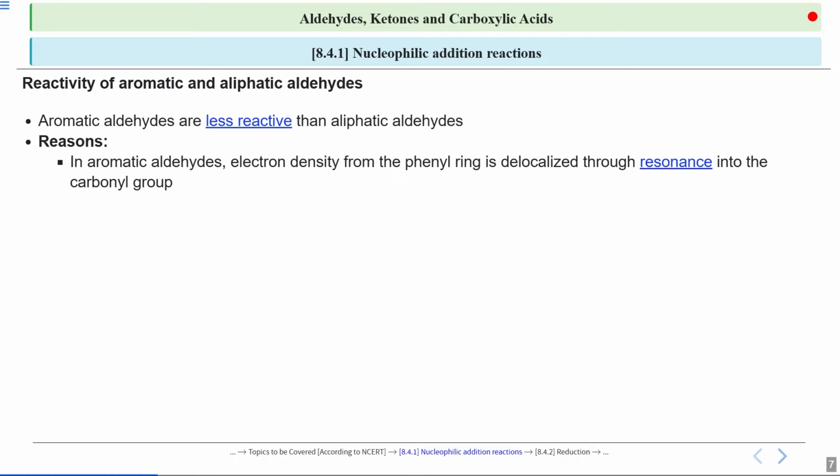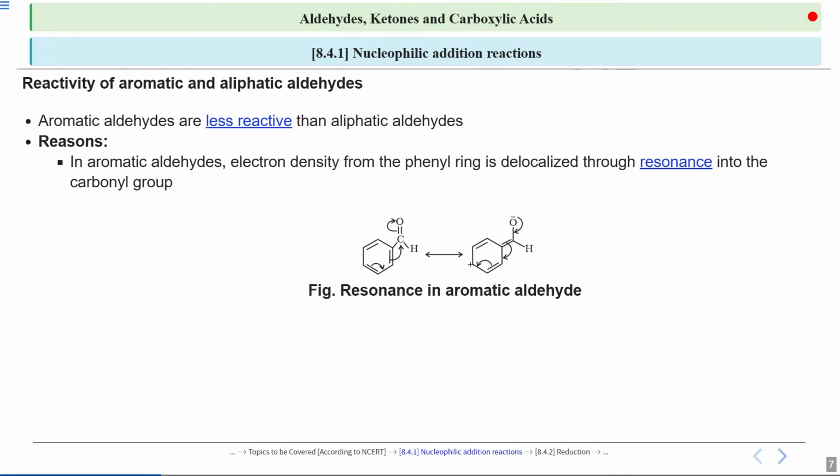First, in aromatic aldehydes, the phenyl ring can share its electron density with the carbonyl group through resonance. And this sharing reduces the reactivity of the carbonyl group. Now see, the oxygen of the carbonyl group pulls the electrons because it is more electronegative.